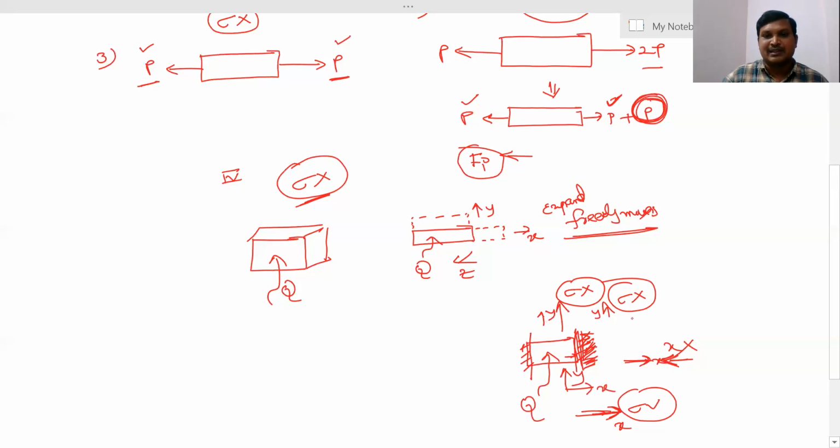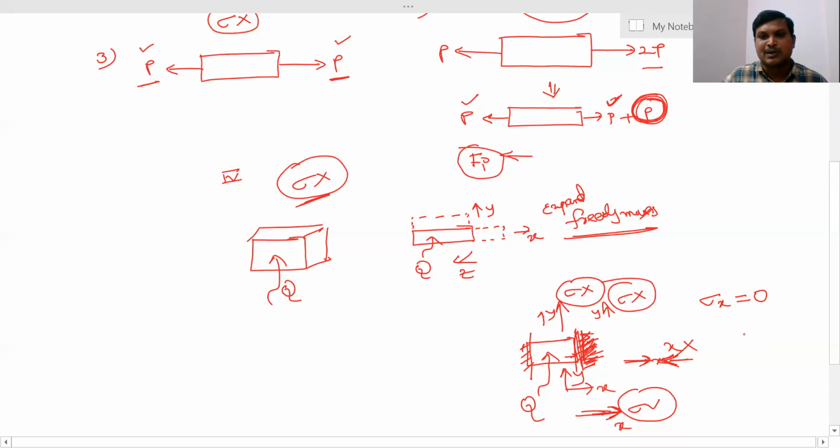This means in this case sigma x is not equal to 0, so there will be a stress in the x direction, because in the x direction there is a constraint. The constraint stops expansion in the x direction, but the body tries to expand freely in the y direction, and when moving towards the y direction it moves freely.